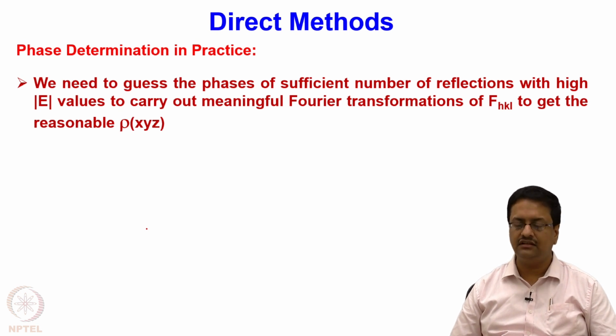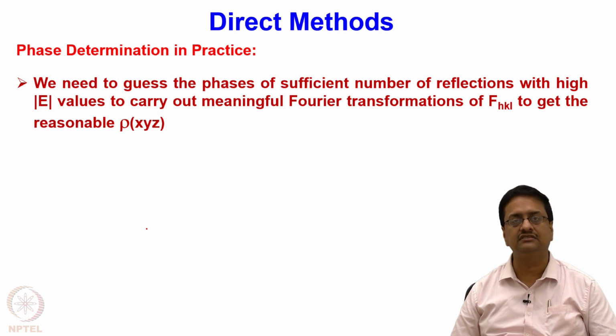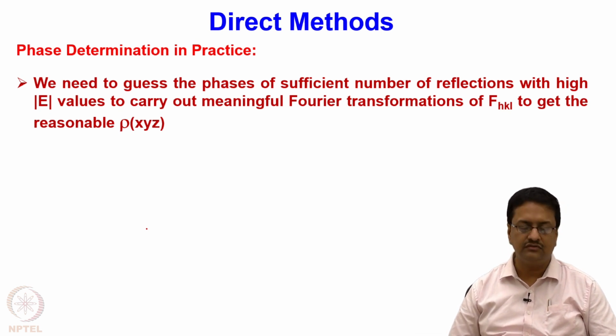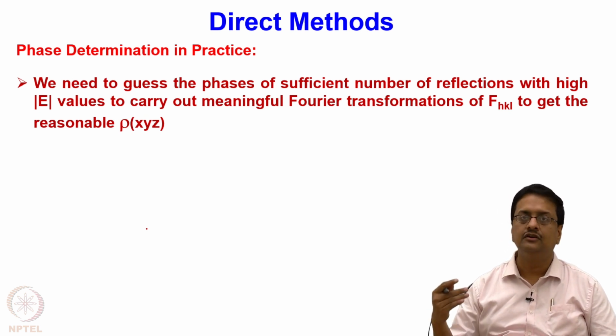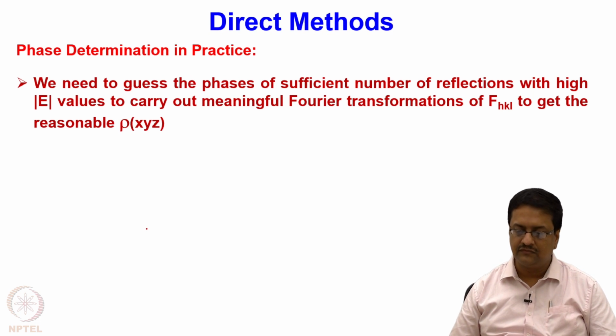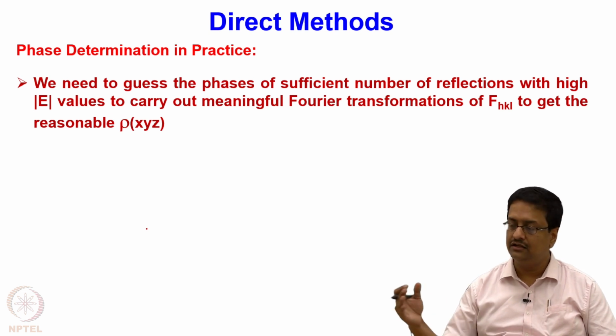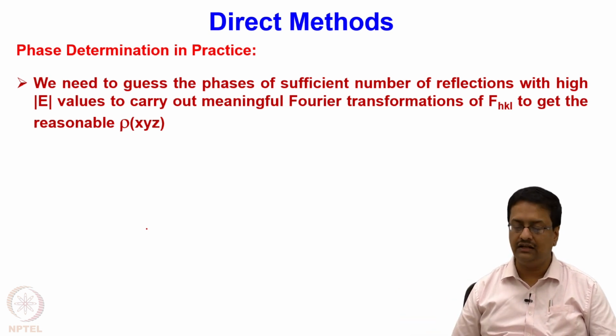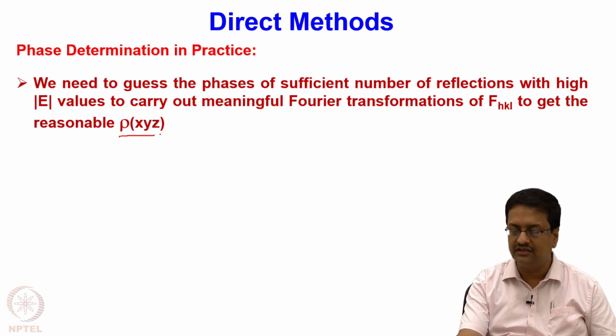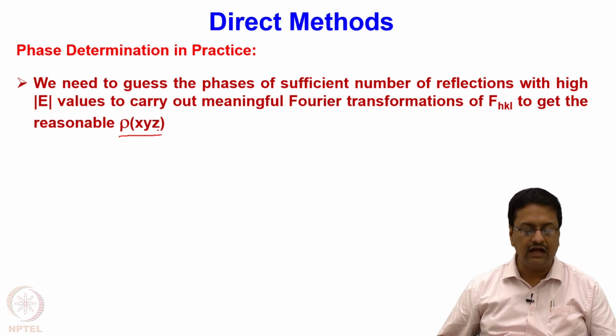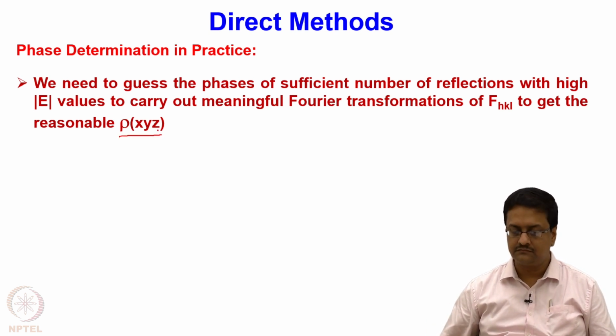So, for routine practice, the phase determination that we do using a computer program, we need to guess the phases of a sufficient number of reflections with high E values to carry out a meaningful Fourier transformation of FHKL, to get reasonable values for rho xyz, which indicates the atom positions.